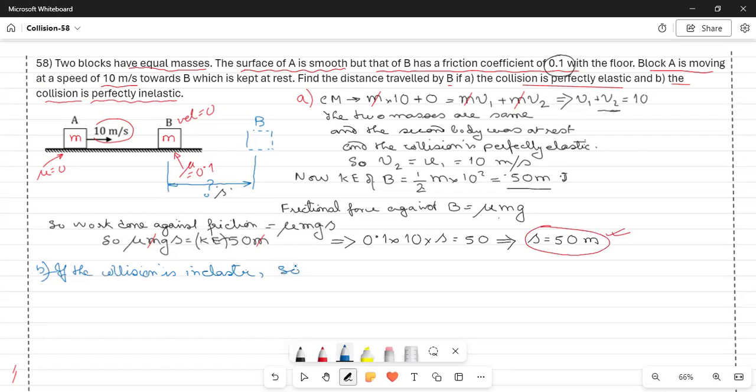Once again from the conservation of momentum theory, the initial momentum 10 into m will be equal to the two bodies joined together, m plus m, into their combined velocity v after collision.